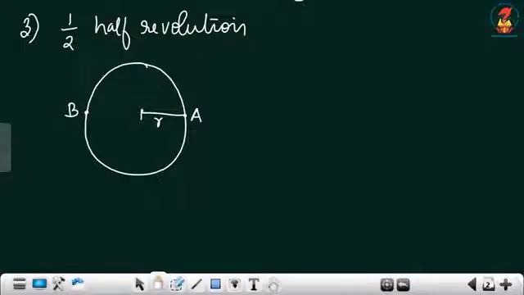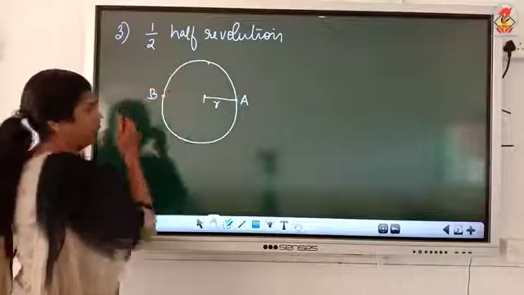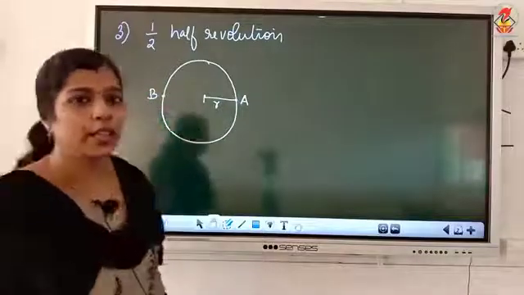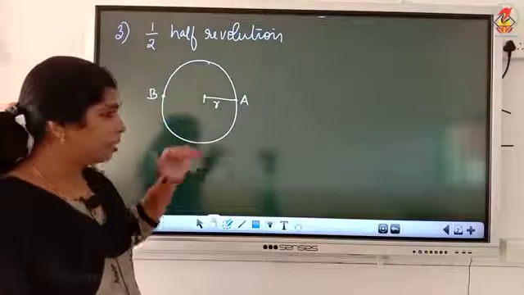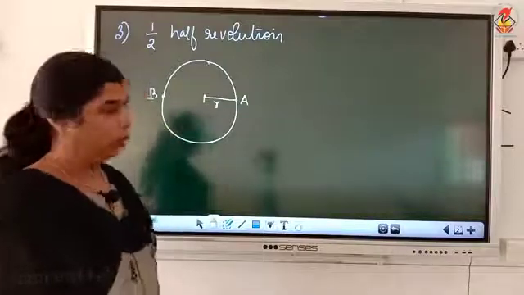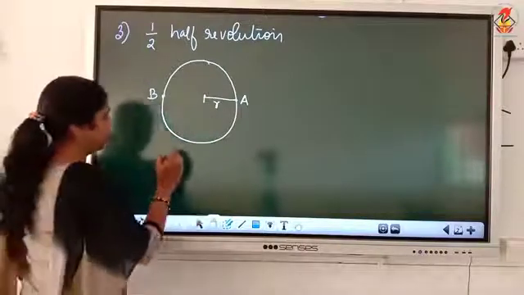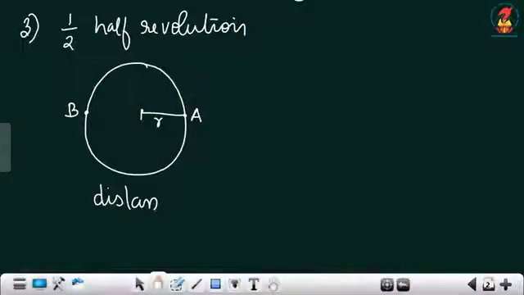Now, how will you find the distance travelled here? Circumference divided by 2. Distance travelled equals half the circumference, and you got the circumference as 2 pi r in the earlier problem.